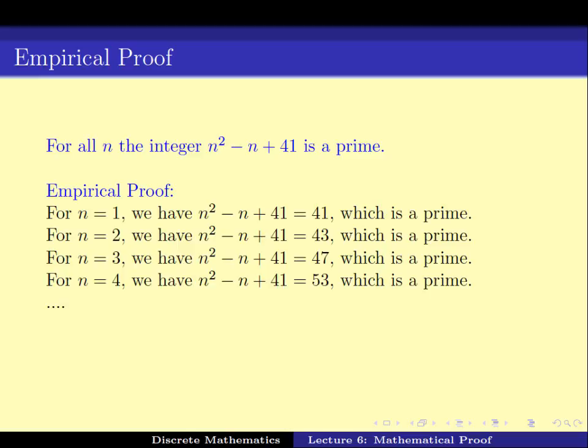So, from this experimental proof, we can conclude that the number n square minus n plus 41 is indeed a prime. It's always a prime for all n. Why? Because we have tried it out on some cases, and those cases have revealed that it is a prime.